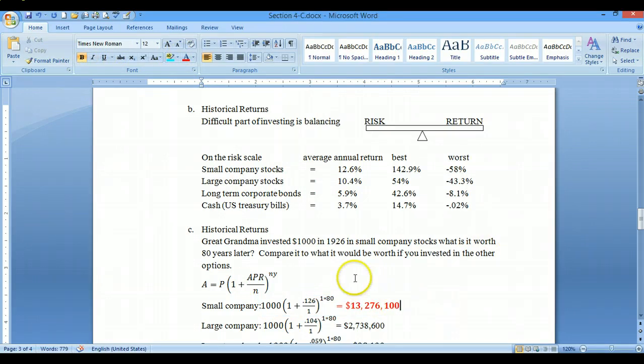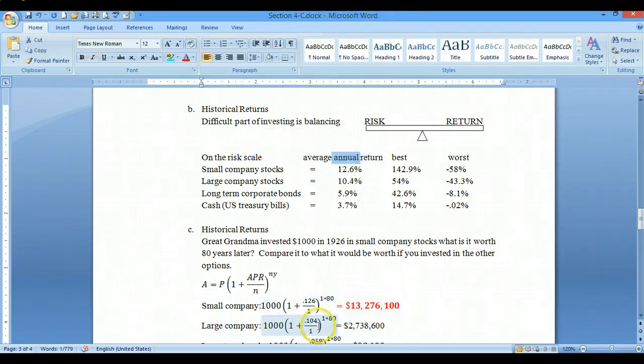will. A large company stock has an average annual return of 10.4%. Again, we're going to use our compound interest formula: 1,000 times 1 plus the APR, in this case 0.104, over 1, we aren't compounding monthly or anything like that, it's just the annual return.